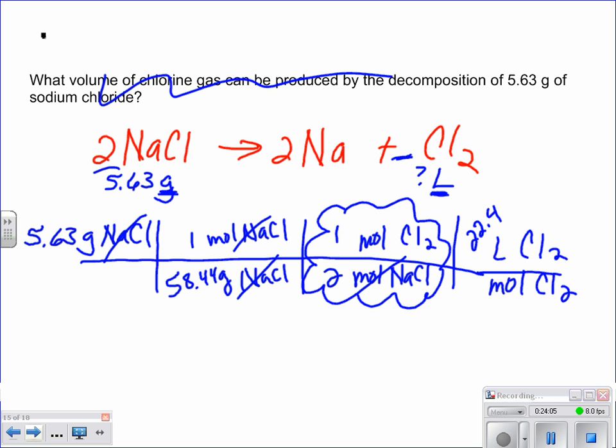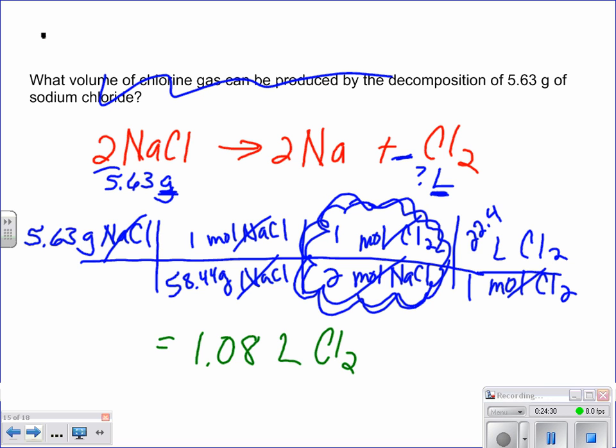And with the moles is just 1. So 1 always goes with the moles unless it's at this bubble step that I've been doing, that mole-to-mole transition step. And as an answer, anybody get one? 1.08, good. And that's liters of chlorine gas.